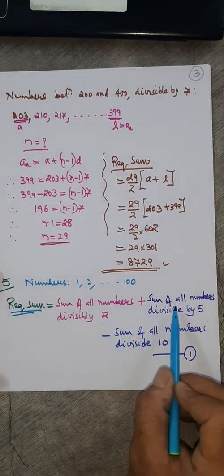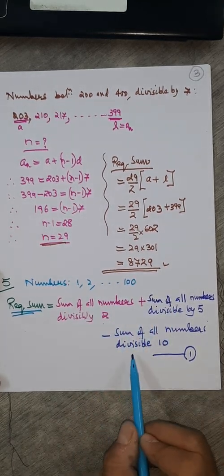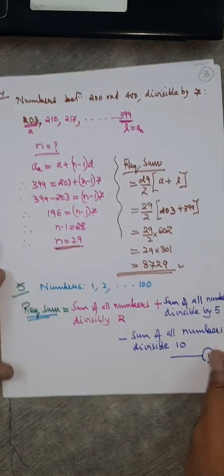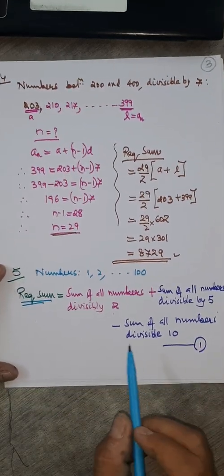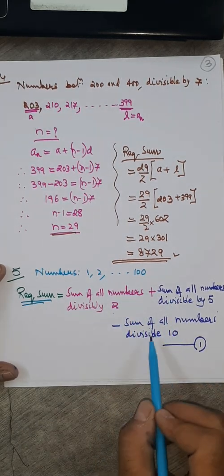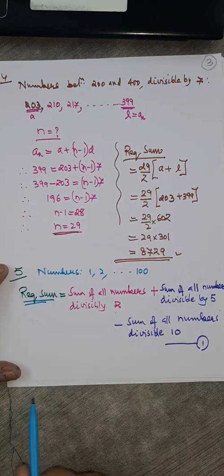So we add them, we subtract this, right? If you just recall, it is the intersection here. This is A plus B minus intersection. This is just the union formula.